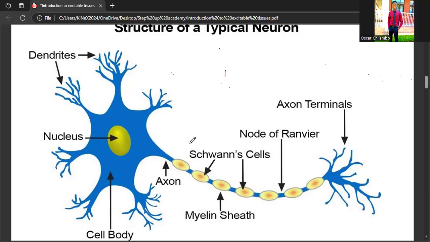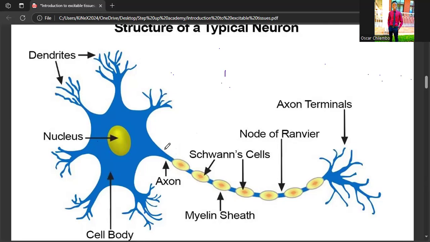There is a very important point to note here. The node of Ranvier mostly contains a higher concentration of sodium. Also, where there is an arrow pointing here at the axon terminal, there is what we call the axon hillock.